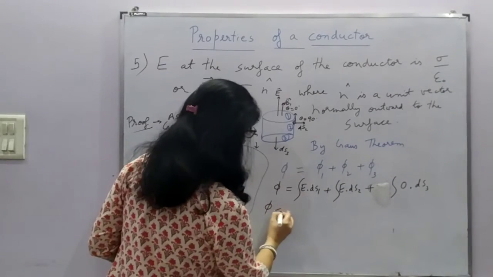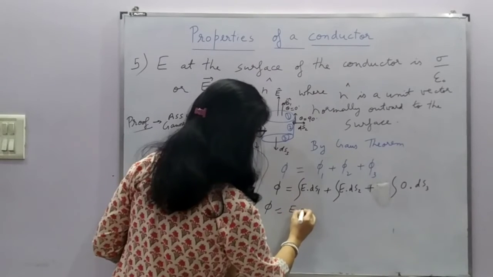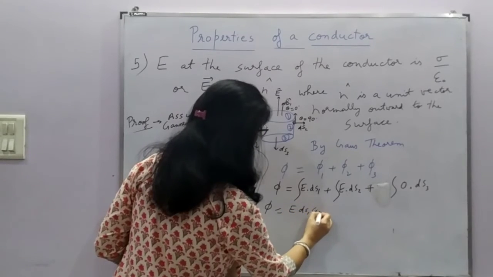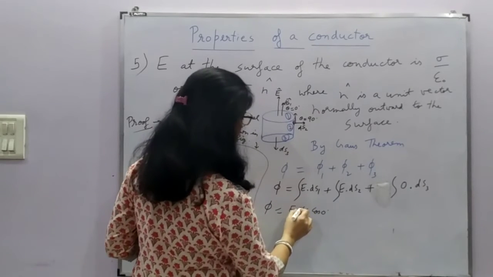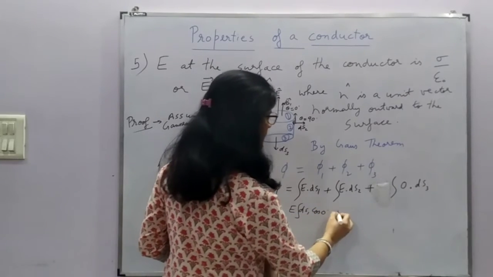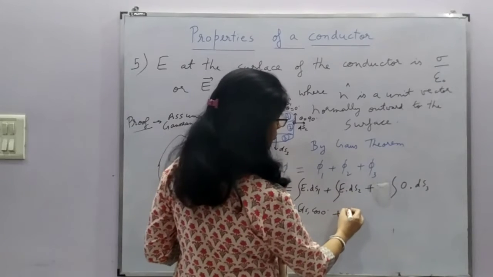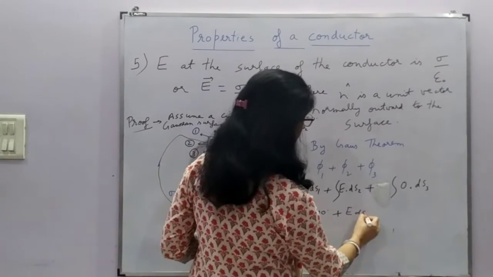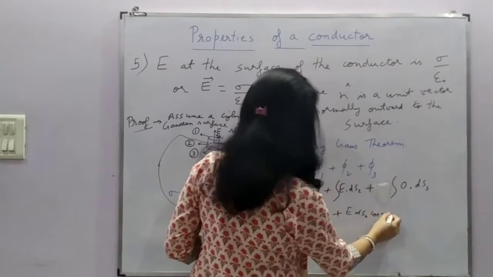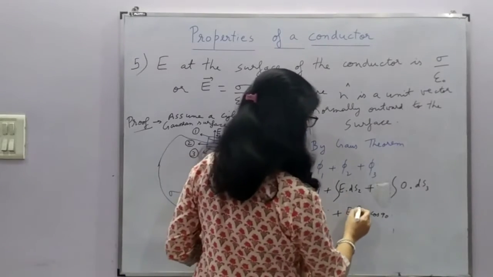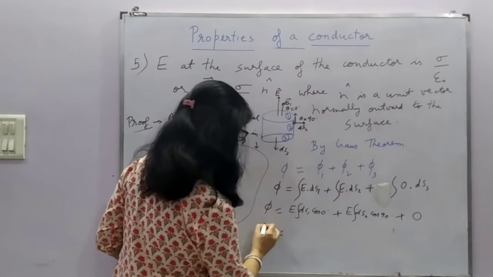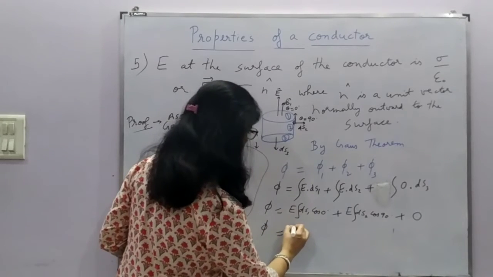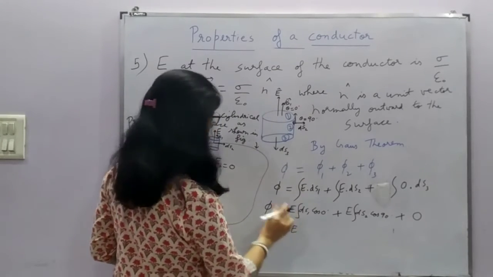So this makes it E ds1 cos 0, so we can keep E outside and integrate, plus E ds2 cos 90 degree, as you can see in this figure, so again you can integrate, plus 0. So from here this becomes E and the surface area 1 integration.